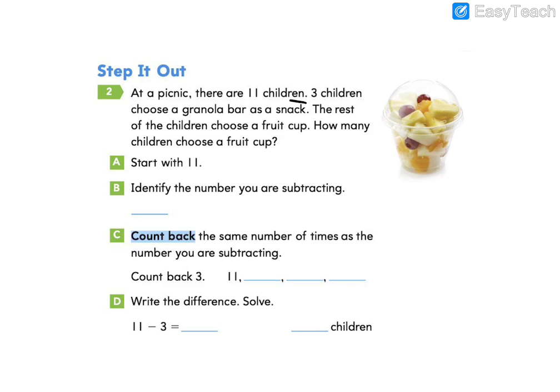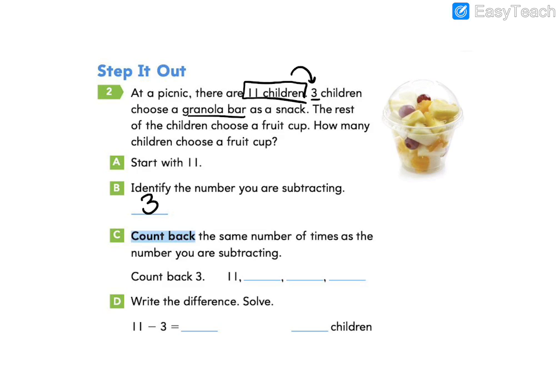Well, we know out of the 11 children, 3 want a granola bar. The rest are going to pick a fruit cup. So we need to subtract those 3 children from the 11 to find how many children want a fruit cup. So how many are we going to subtract? 3.